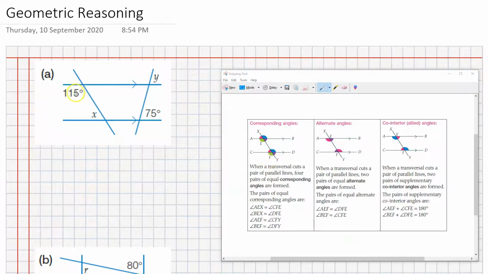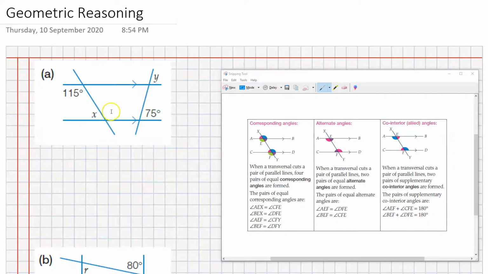Now, what we can see is this 115 degrees here. Because this is 115 degrees, by looking at the alternate angles, we expect that over here, this will also be 115 degrees. Then looking at the cointerior or allied angles, we can see that x plus this value here, so 115, must sum to equal 180 degrees.